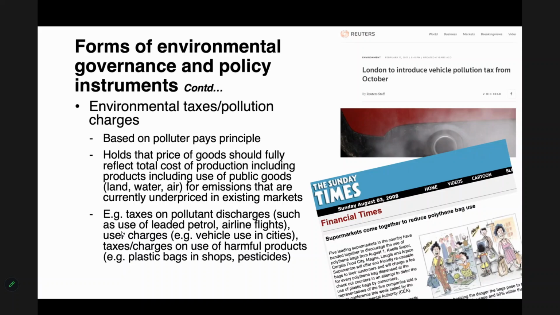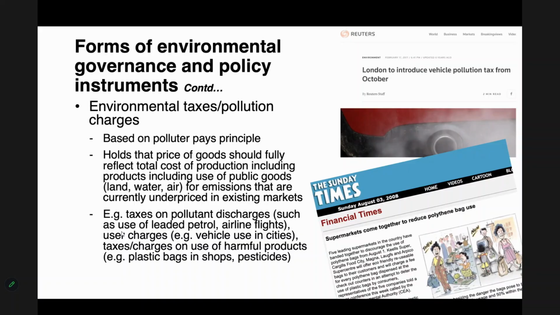So for instance, London has a vehicle pollution tax. So you have to pay a tax to use your vehicle within the city. So you're paying for the pollution.